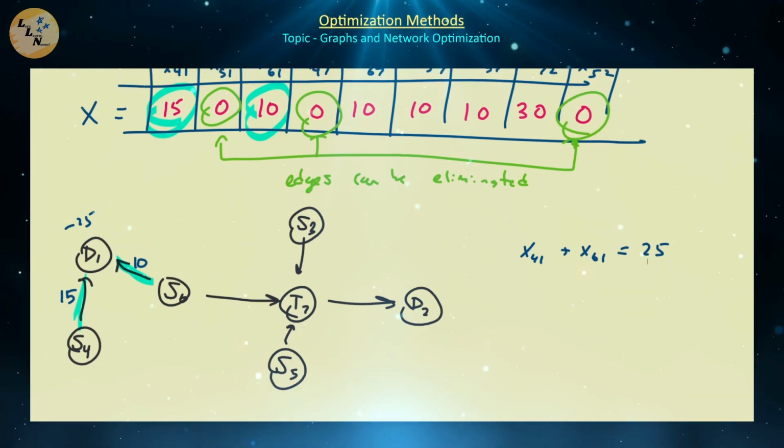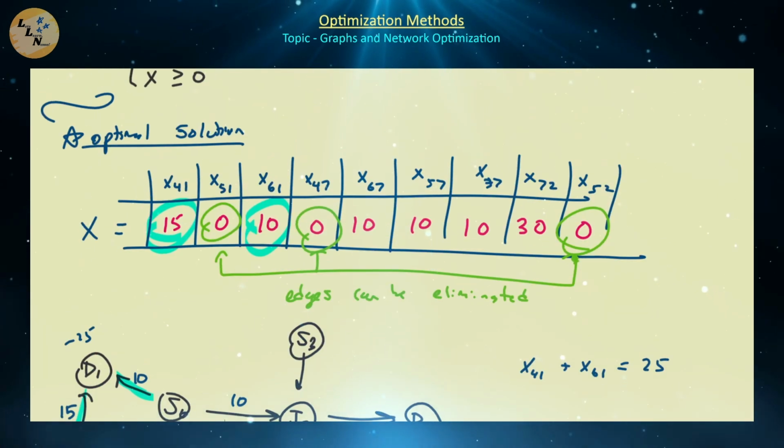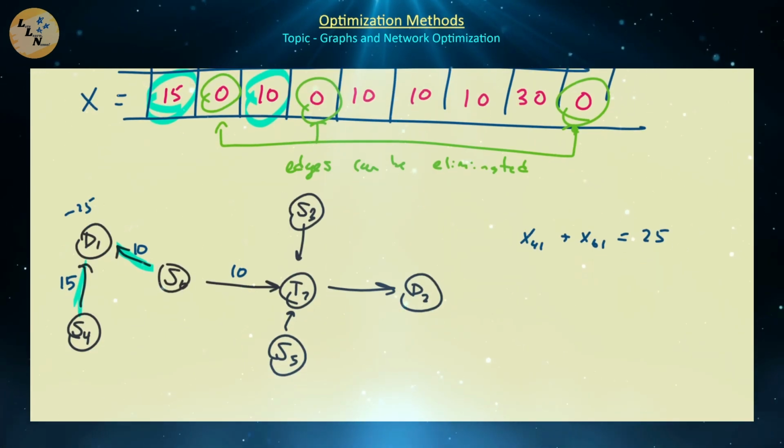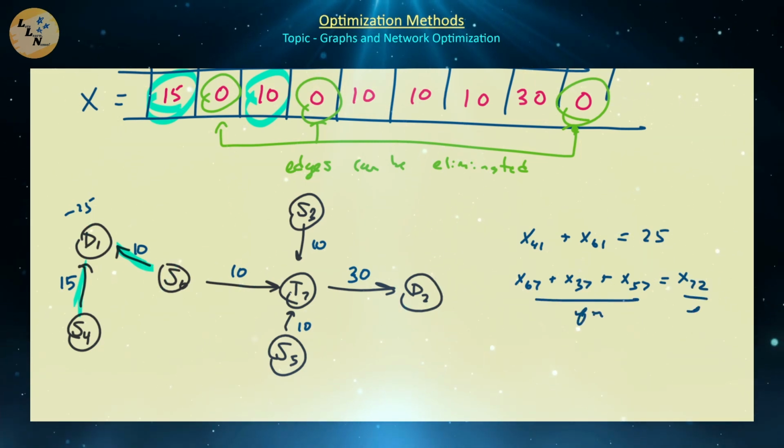Okay, so if we look at, for example, 6,7, it's going to have 10 allocated to it. 5,7 is going to have 10. And we have 3,7, which is also going to have 10, and 7,2 is going to have 30. So if we look at those particular things, x67 plus x37 plus x57 are all going to be equal to x72, right? So that's going to be our flow ins and then our flow outs.